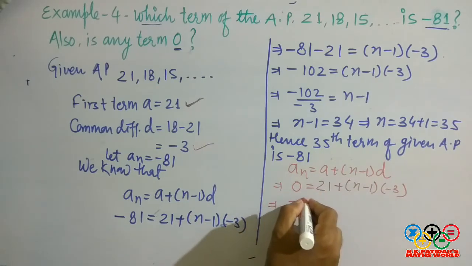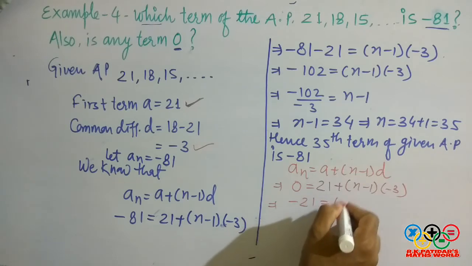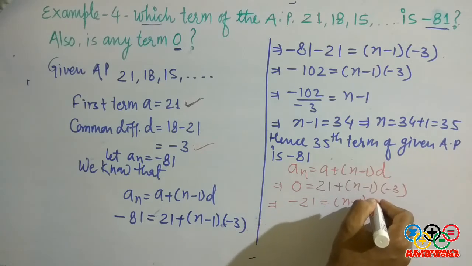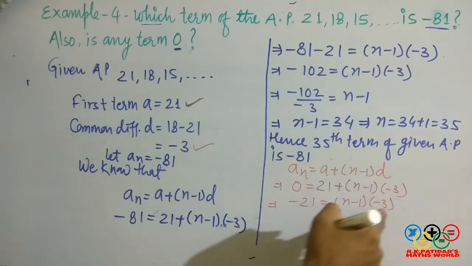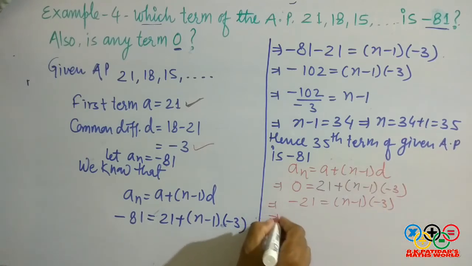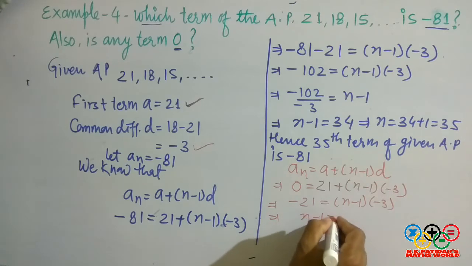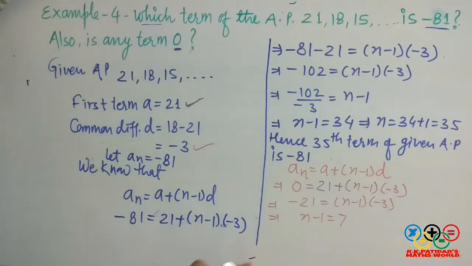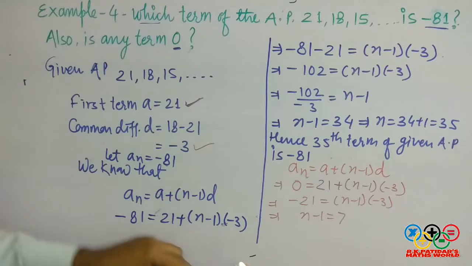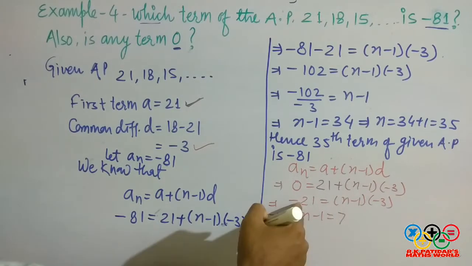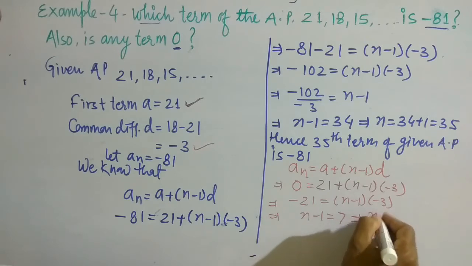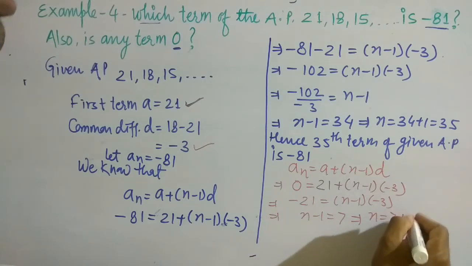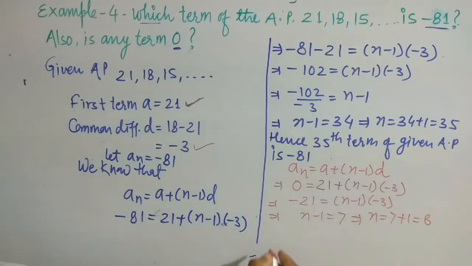21 को इधर ट्रांसपोज कर दें तो minus 21 is equal to n minus 1 into minus 3. 3 इधर डिवाइड होगा तो 3 7 जा, तो ये कितना हो जाएगा? n minus 1 is equal to 7. थोड़ा सा मैंने स्टेप्स यहाँ डायरेक्ट कर लिया, ठीक है. ये डिवाइड हो जाएगा तो 3 7 जा 21 और यहां से मिल जाएगा n is equal to 7 plus 1, that is 8.